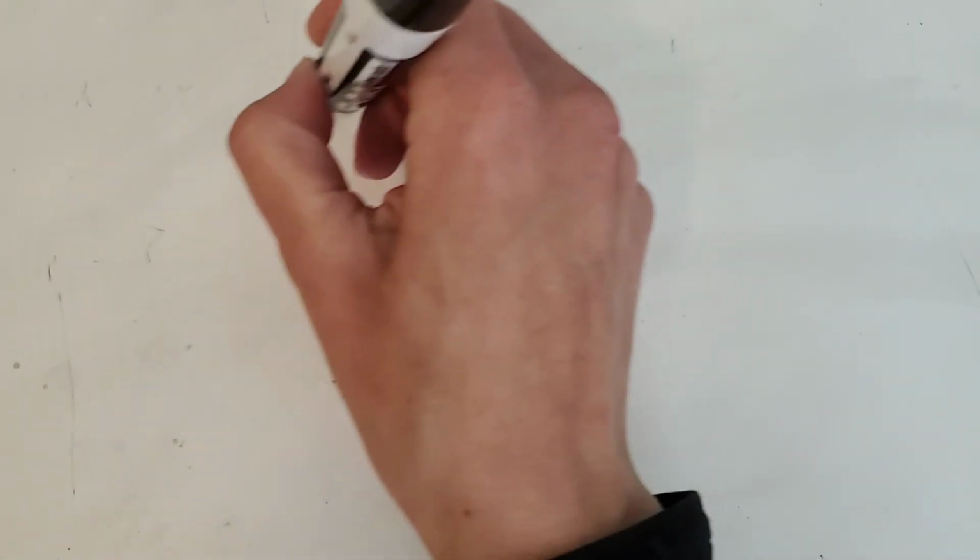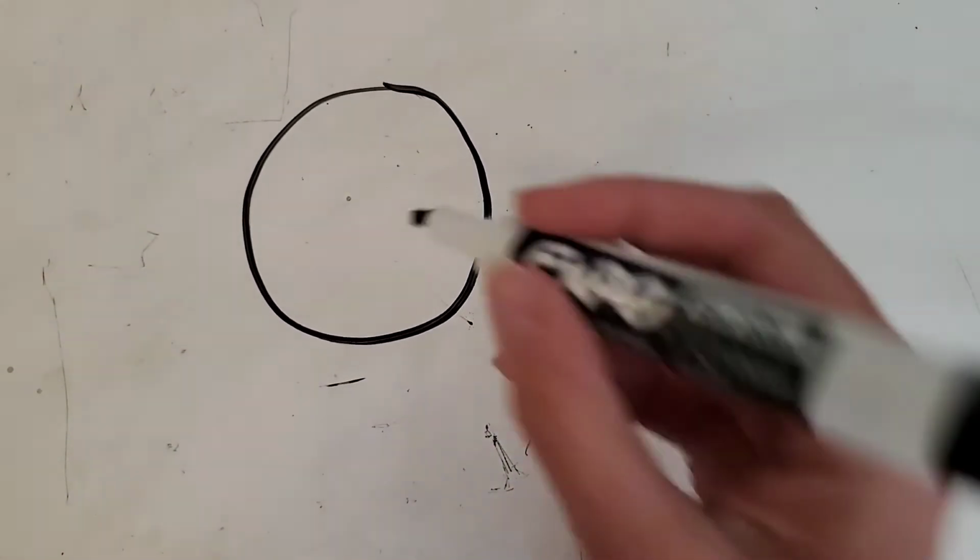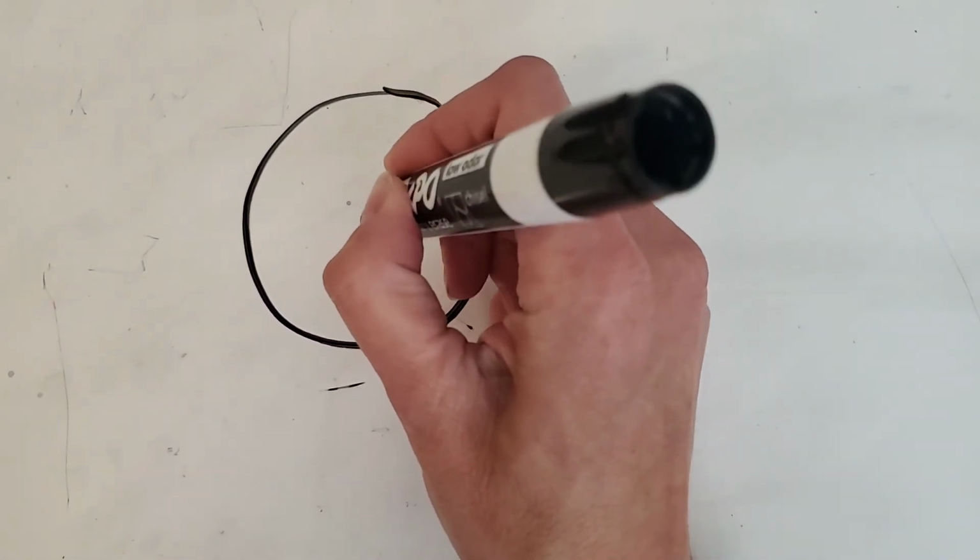That would be like a radian measure, but on a circle that is not the unit circle. What if we have a circle? Ooh, that's not a bad freehand circle right there. Here's the center.